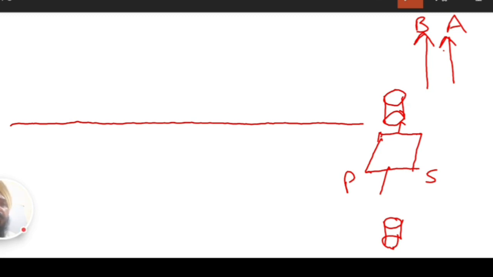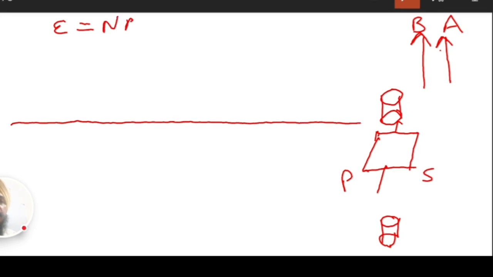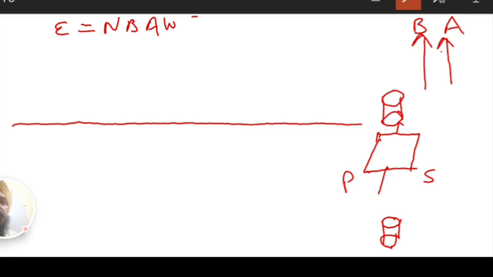So therefore, as we have studied, induced EMF is NBA omega sine omega t. Now here in this case B and A have a 0-degree angle between them. So let us draw the graph of this situation.